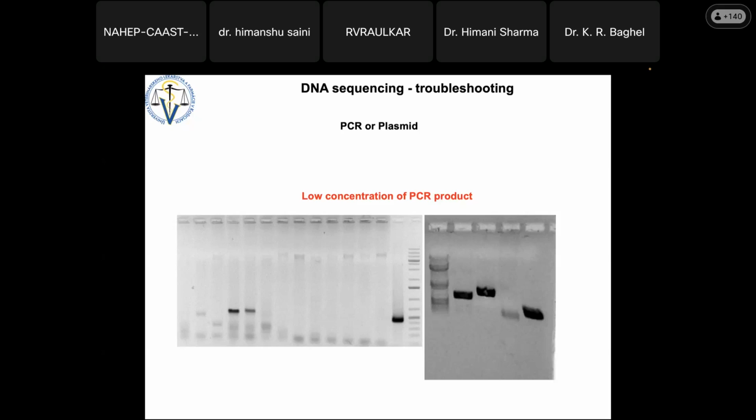Smear is either in the DNA or in your gel, and that is a buffer system. And buffer, if it is old, agarose, if it is old, you will have smear. Or if you run the electrophoresis very fast, you can have smear. So there are several other causes, but PCR never makes the smear. I mean PCR reaction.